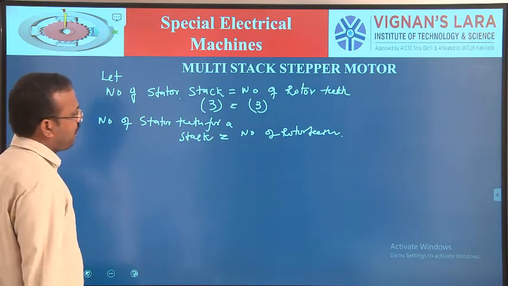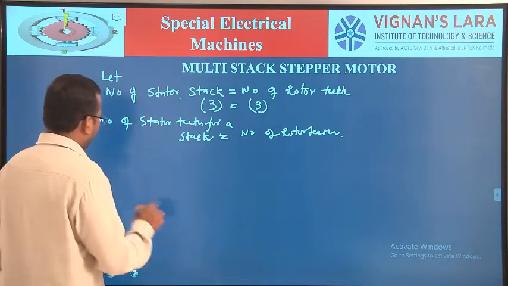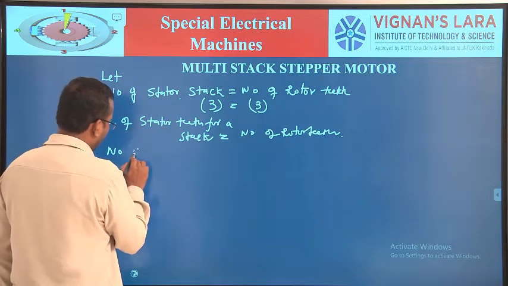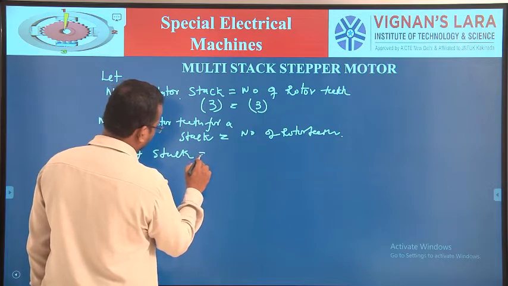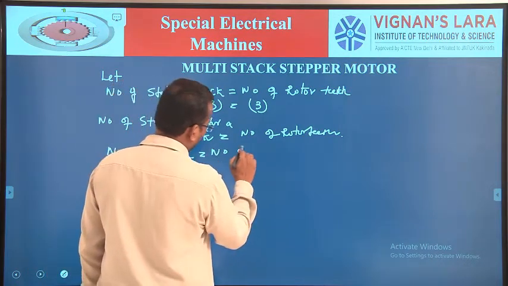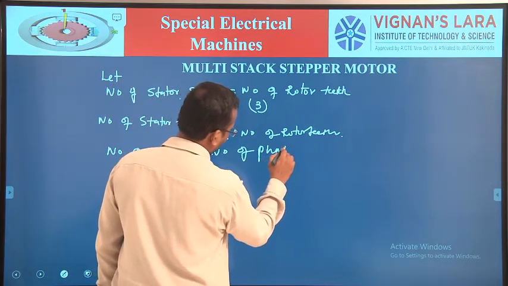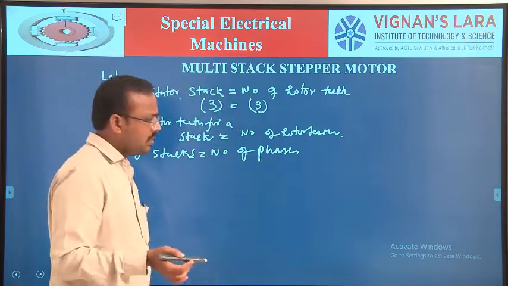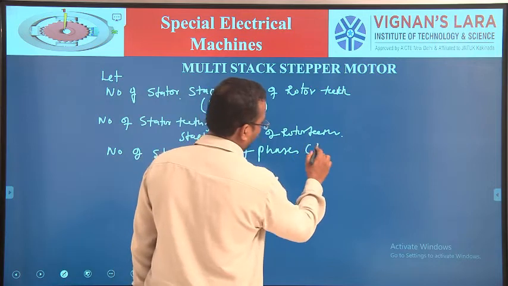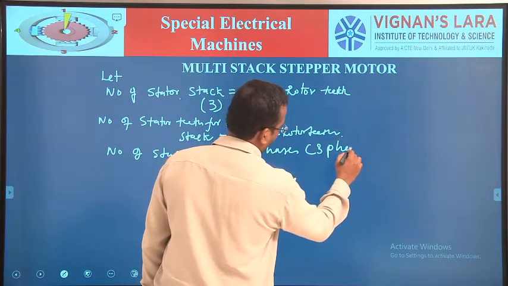Now see, the number of stacks equals the number of phases. So here we have three stacks, so we have three phases.